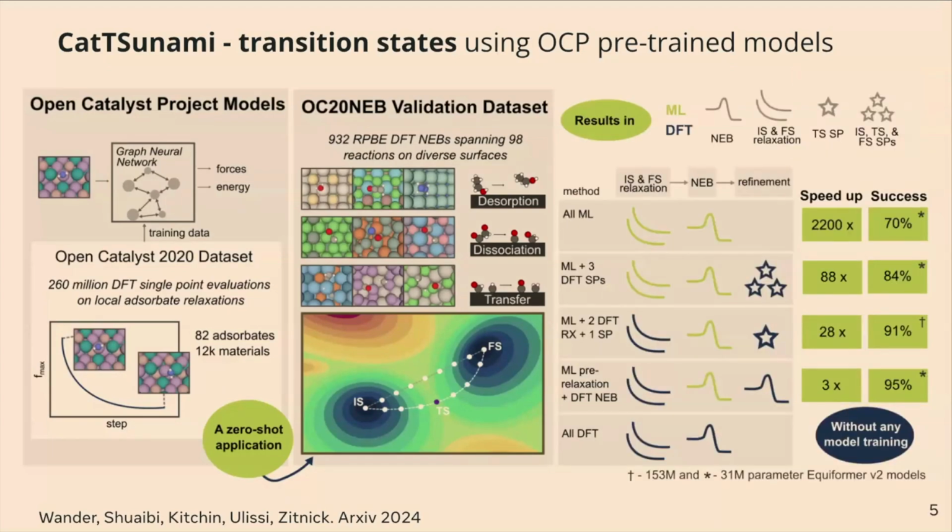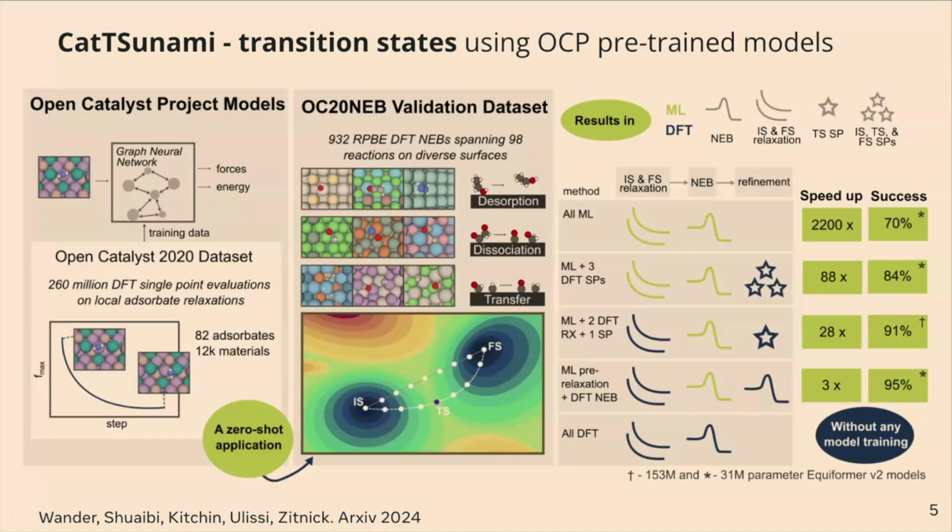What was super cool is that once we built that data set and looked at how the current models were doing, we found that, without any additional training, with just models trained on relaxations in OC20, about 70% of the time you just plug it into a NEB and get an answer within 0.05 or 0.1 eV of the actual DFT answer.